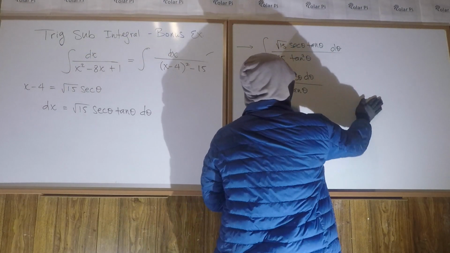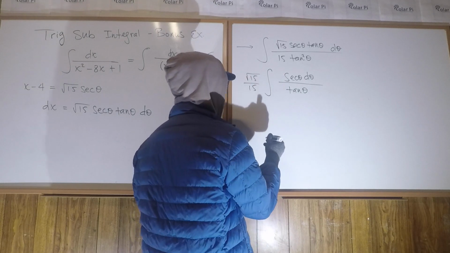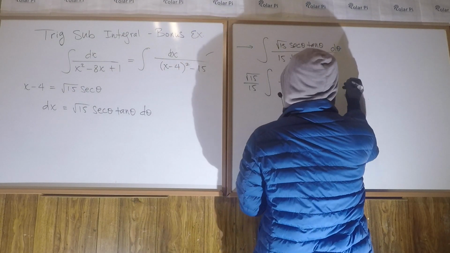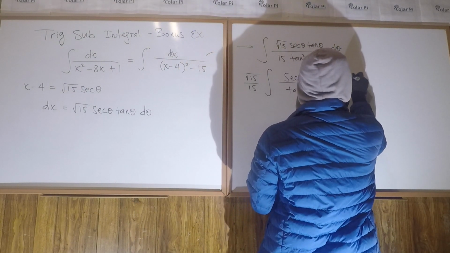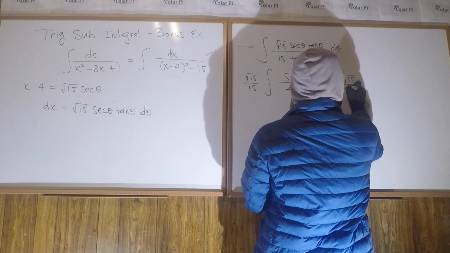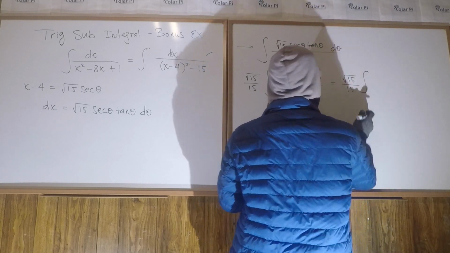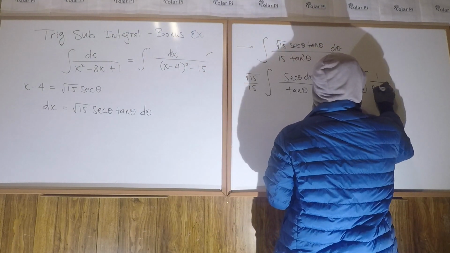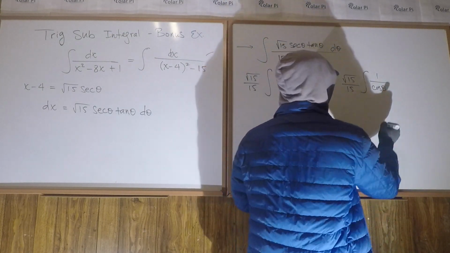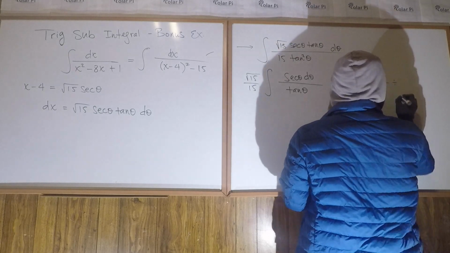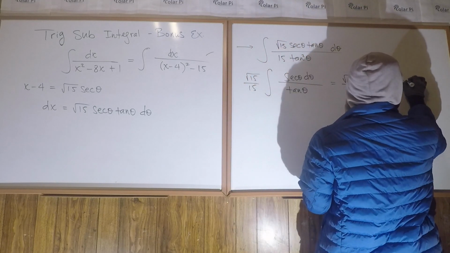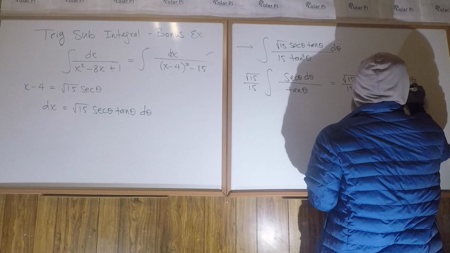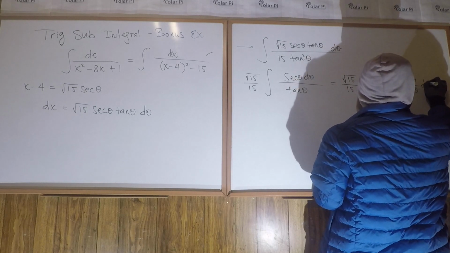Okay, so this is equal to root 15 over 15, and recall that secant is 1 over cosine, so 1 over cosine theta, and then tan is sine over cosine, so divided by sine theta over cosine theta, and then d theta right there.